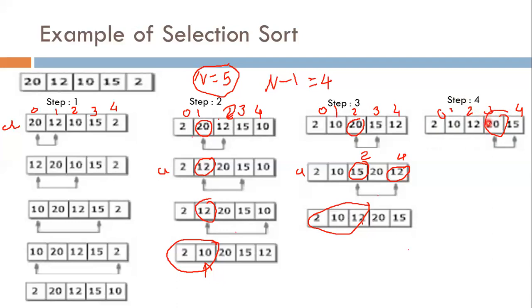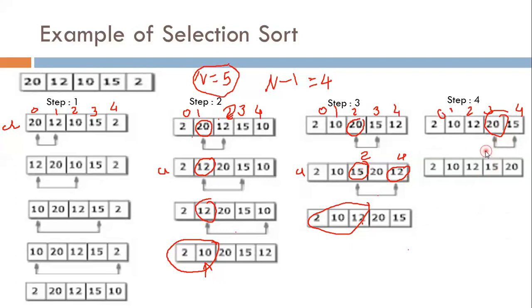So here the elements are 20 and 15. 20 and 15 are not in order, so I interchange these two elements. So I get 2, 10, 12, 15 and 20.